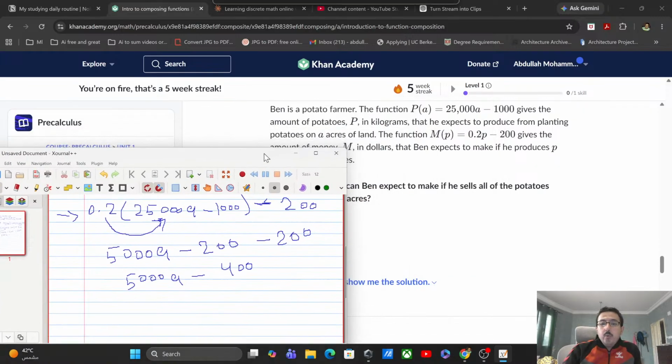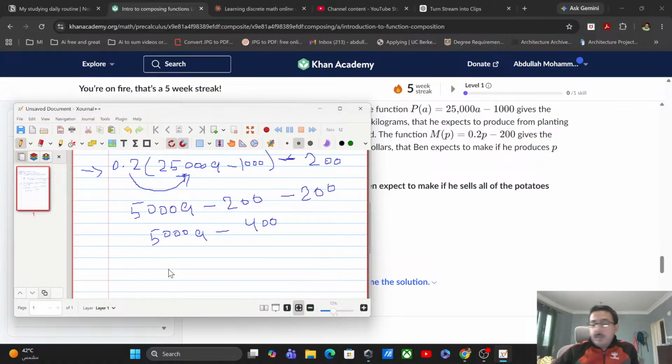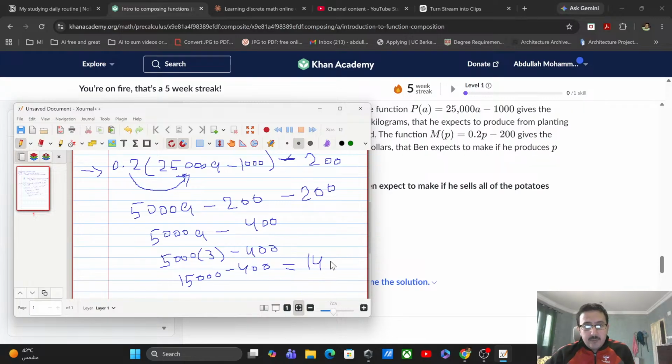So when we plug in 3 acres, it's gonna be 5,000 multiplied by 3 minus 400, which is gonna be 15,000. 15,000 minus 400, which is gonna equal, wait, 14,000 and 600.